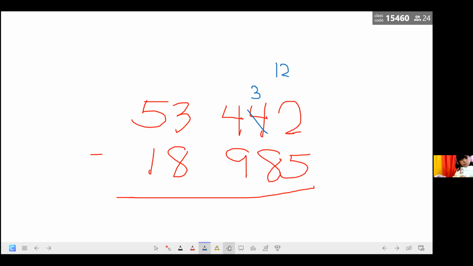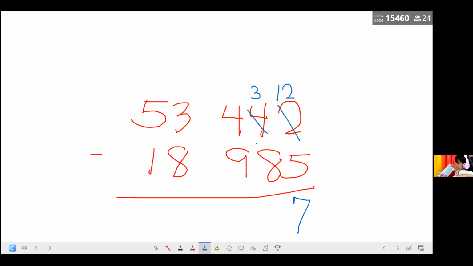Since we already have 12 ones, we can deduct 5 from 12. 12 minus 5 is 7. Very good.